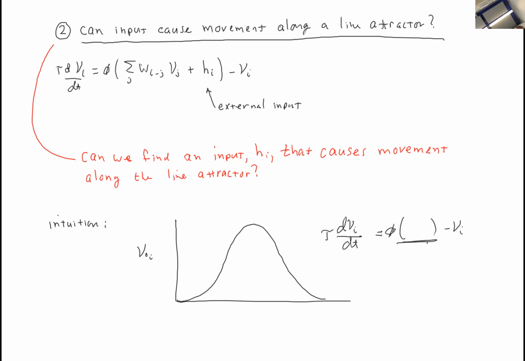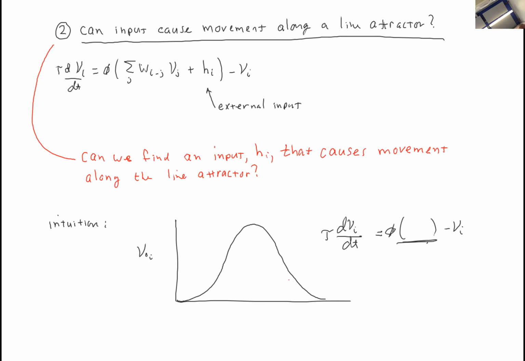What we're going to do is change phi's argument by h_i, which presumably is a smooth function of i. If h_i is positive, the firing rate goes up. If h_i is negative, it goes down. So we can draw the effect of h_i on the curve.